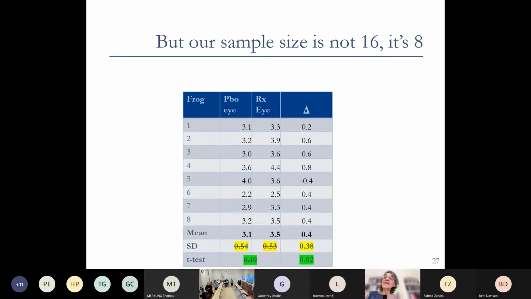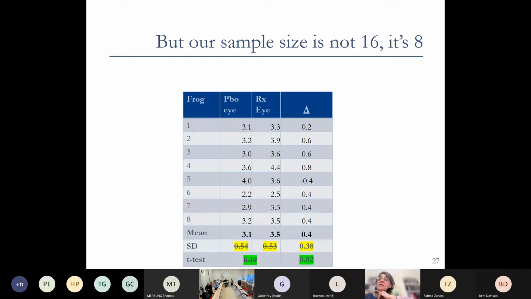If I took the mean of the placebo and the mean of the treatment, the difference between them is 0.4. But the difference is I now only have one standard deviation to worry about. It's the standard deviation of the difference, and that's 0.38.